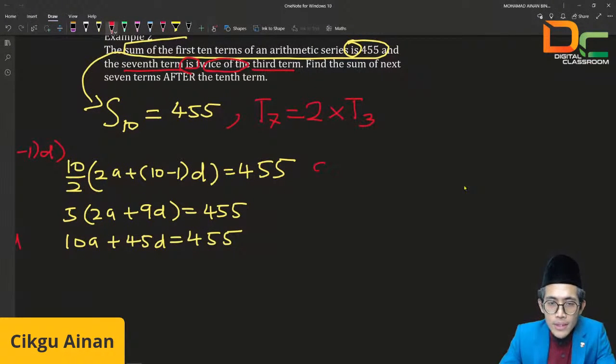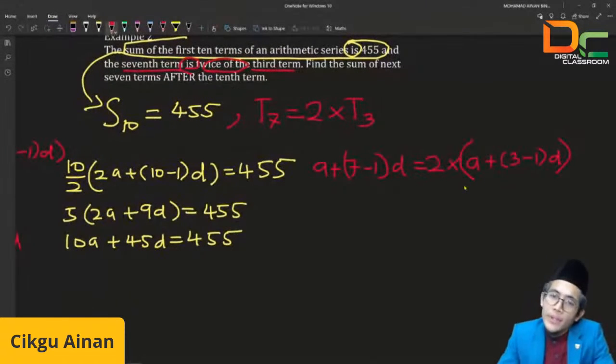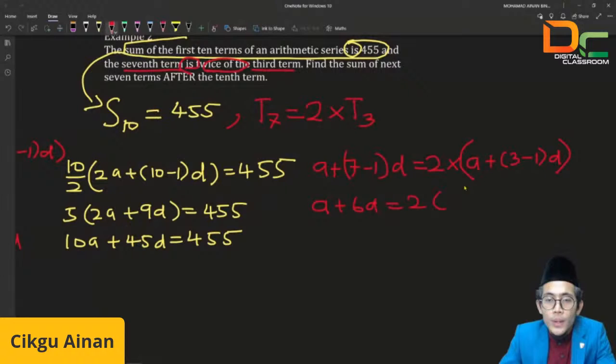Seventh term is a plus 7 minus 1 d equals 2 multiplied by a. This one might be better if we put a bracket: a plus the third term, 3 minus 1 d. So a plus 6d equals 2a plus 2d.